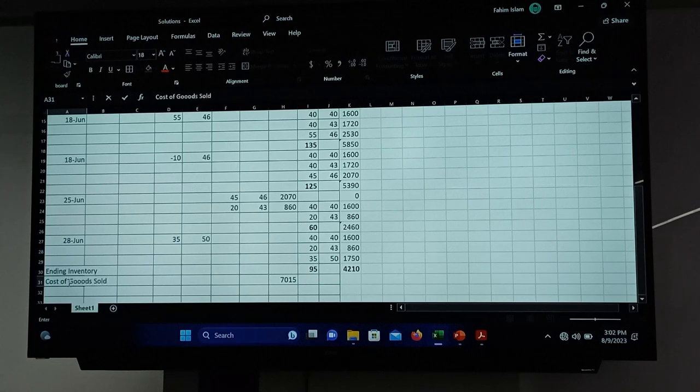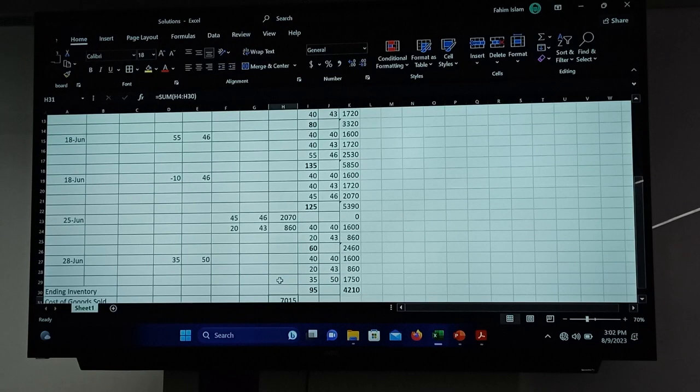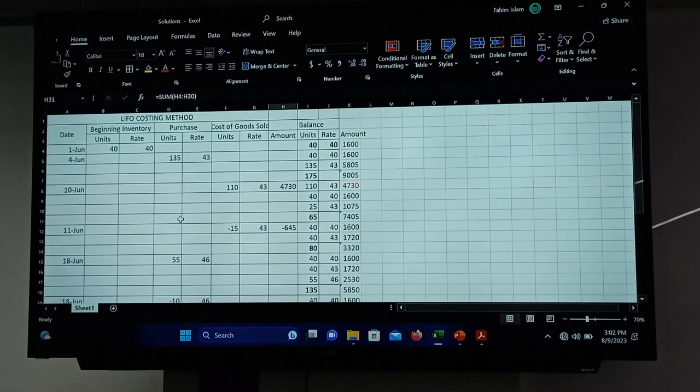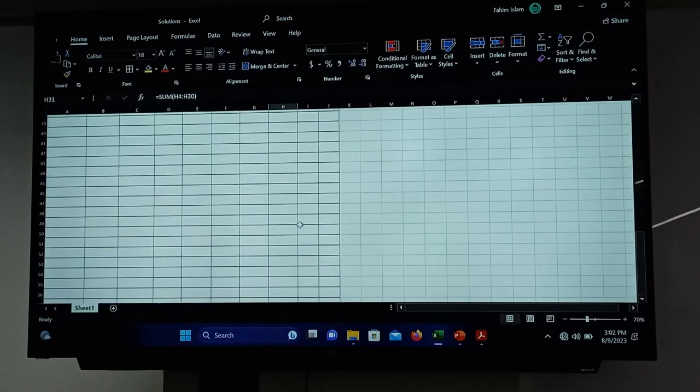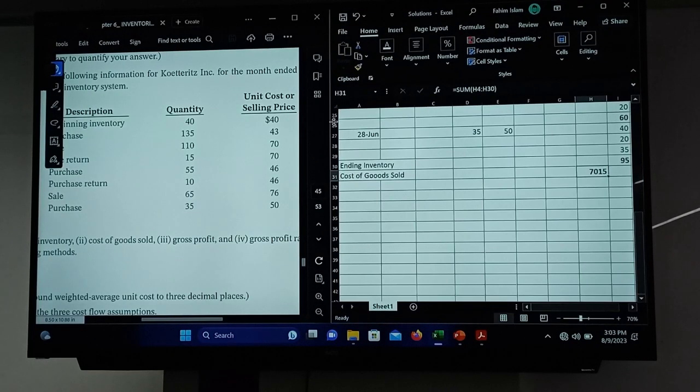We have our cost of goods sold under the LIFO method, and what will be our gross profit? Net sales minus cost of goods sold. So we have found this is our cost of goods sold. What is our selling price? Let's see.